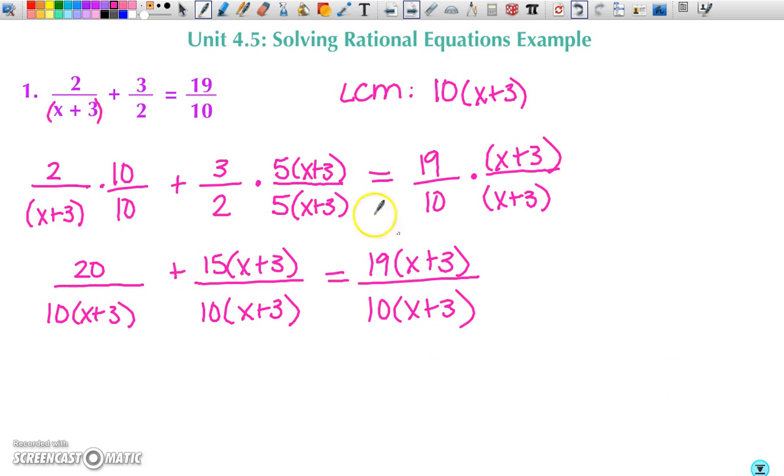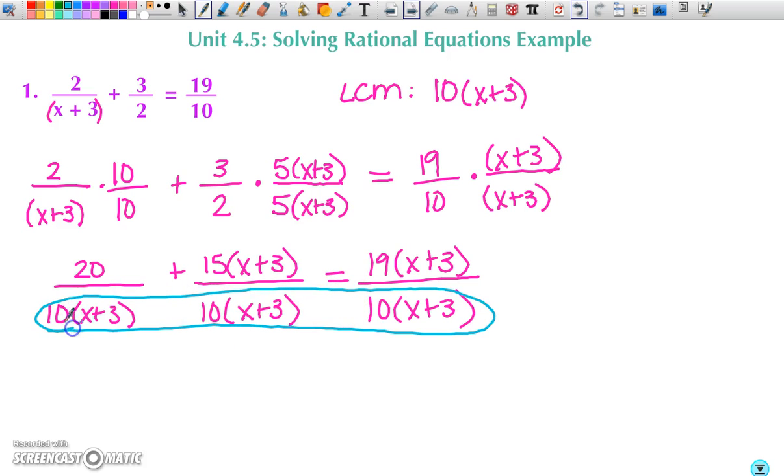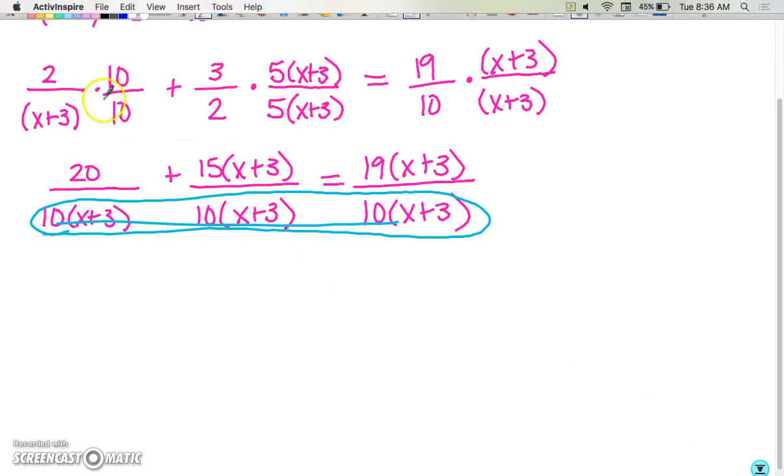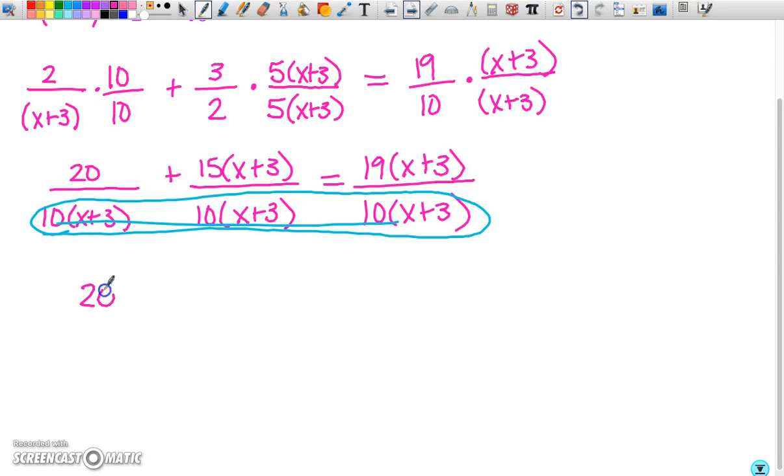Now that our denominators match, notice how all these denominators are exactly the same, we get to ignore them and just work with our numerators. So I'm going to write a new equation now using only the numerator portion: 20 plus 15 times x plus 3 equals 19 times x plus 3. And then we just have to solve it.